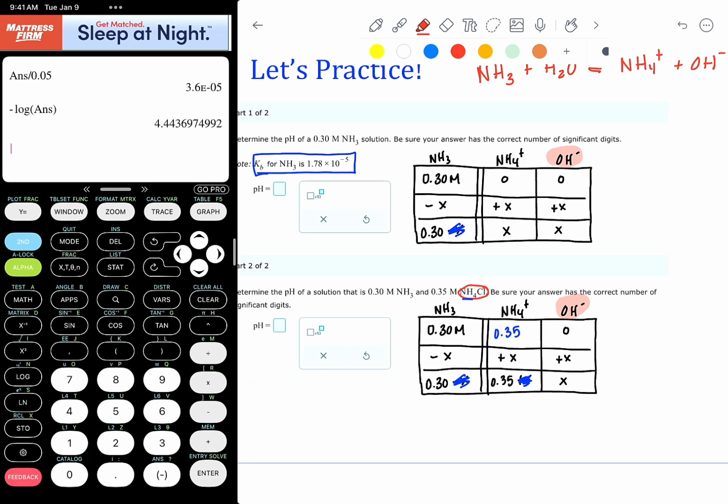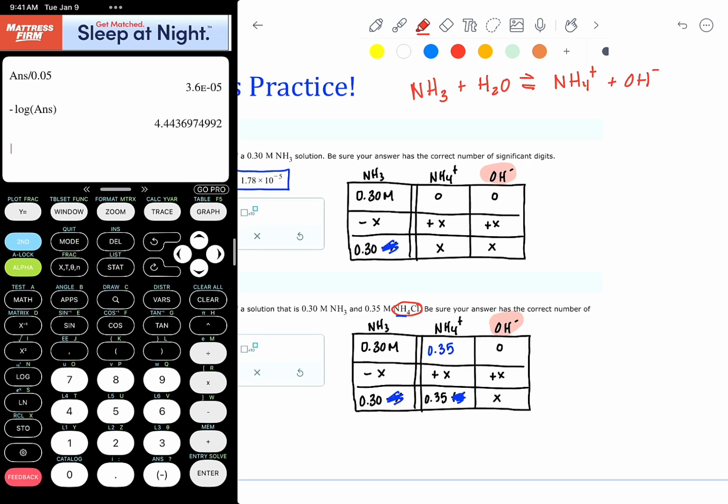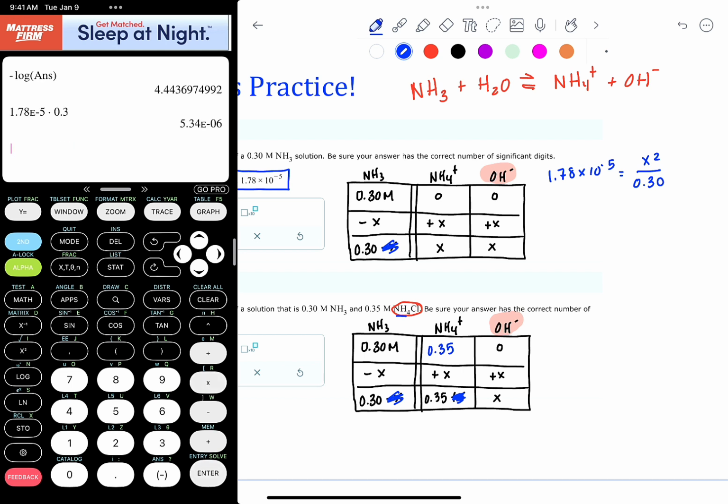Okay, let's solve for our OH minus concentrations. Here we know that Kb is 1.78 times 10 to the minus 5, and that's equal to x squared over 0.30. So we take that 1.78, multiply it by 0.3, and then take the square root of that value.